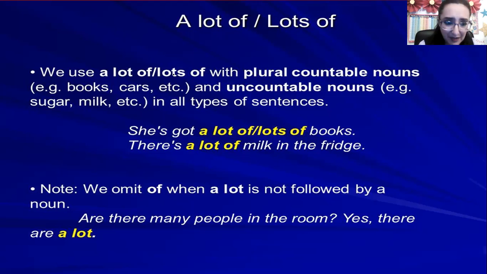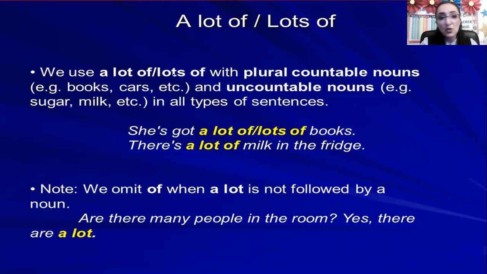For example, are there many people in the room? Yes, there are a lot. If we had here a lot of people, then we were going to be having this a lot. That's super cool.